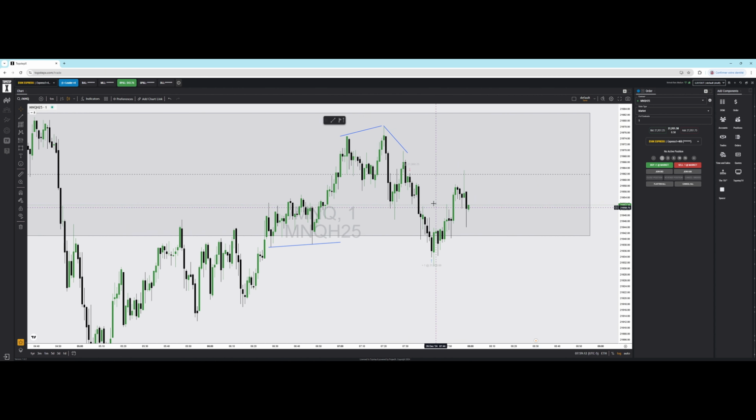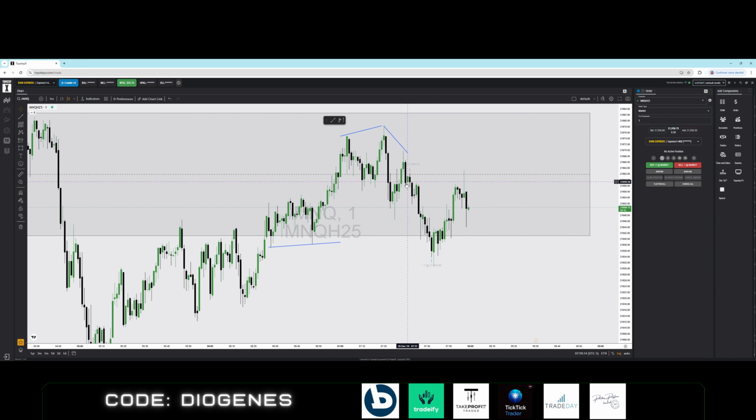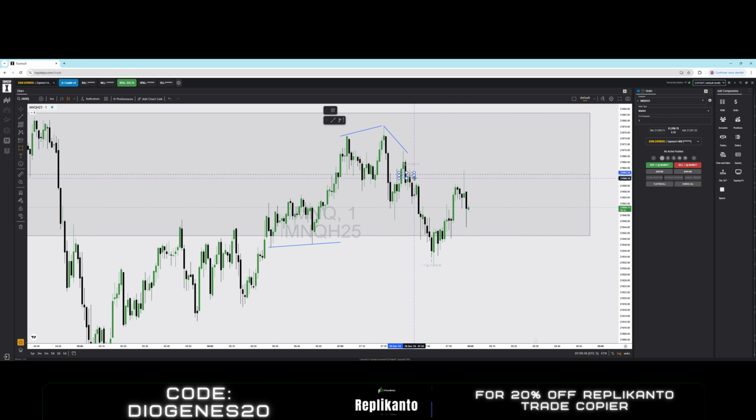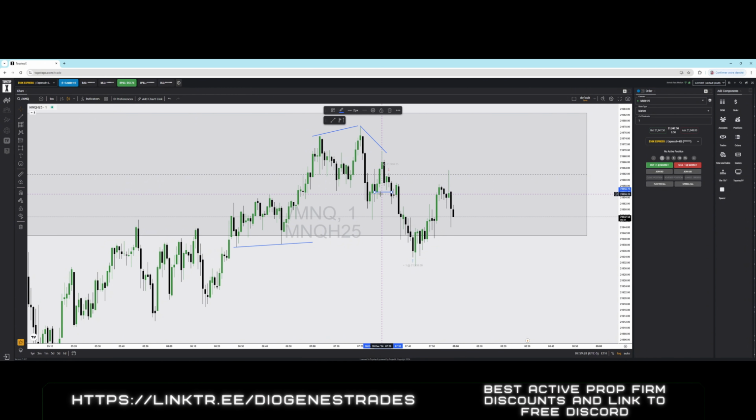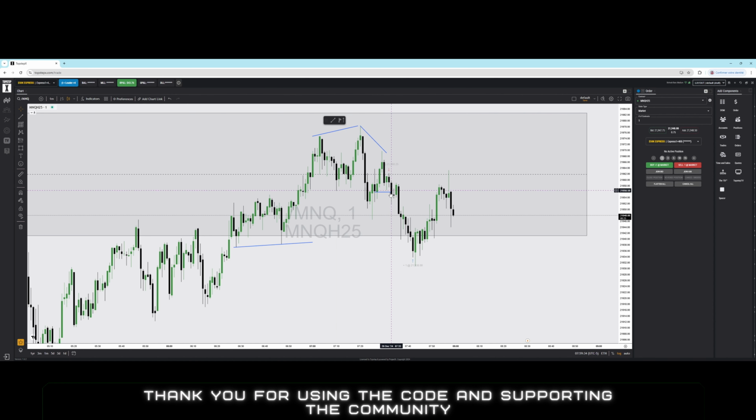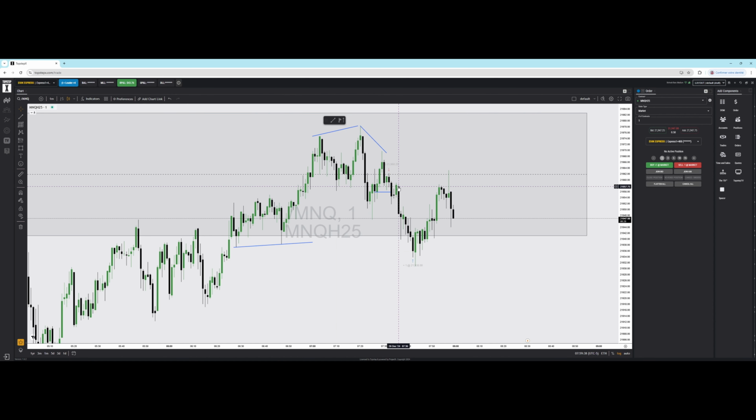So when you see it happen, you wait for something to happen, aka you wait for an inverse, or you wait for a close under. To be honest, just these body candles. So this is a CSD for me in this case. CSD paired with a BPR, paired with an order block within a BPR. You short.